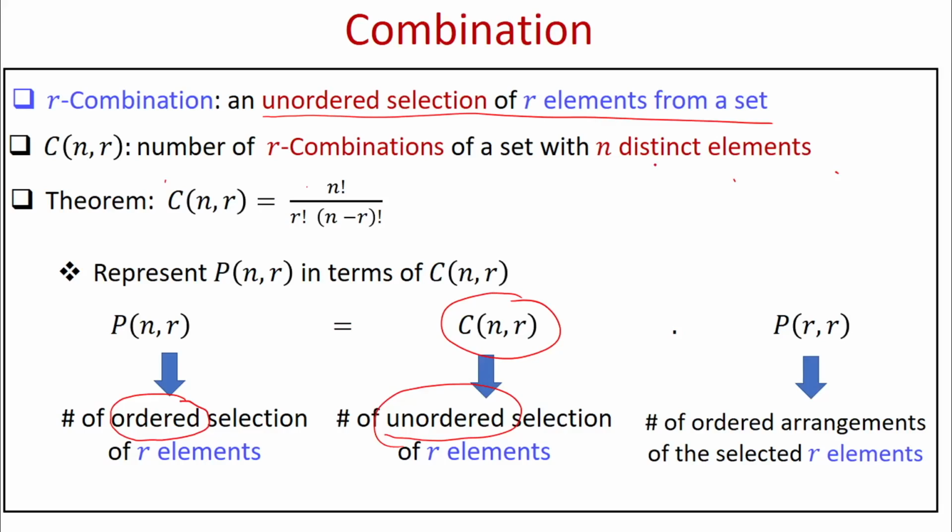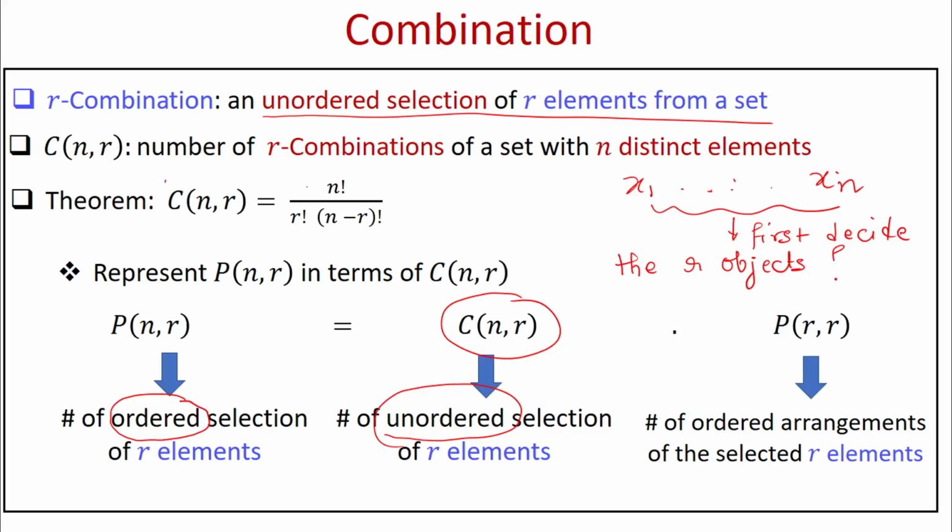So it's like saying the following: you have a set x1 to xn. You first decide the r objects for permutation, where the order does not matter as of now.